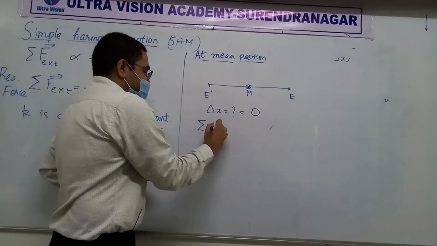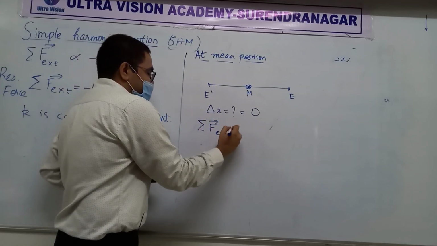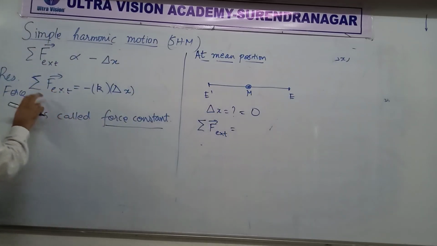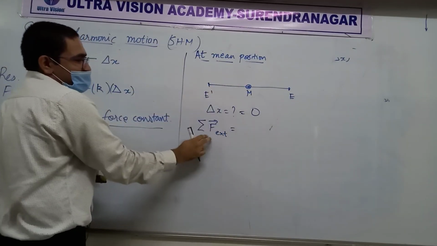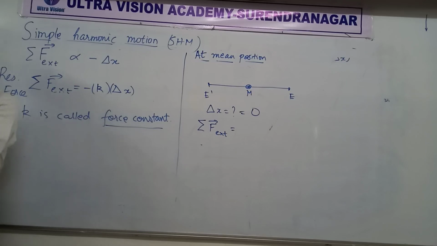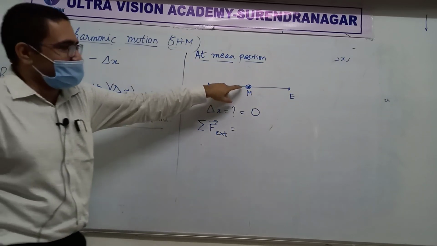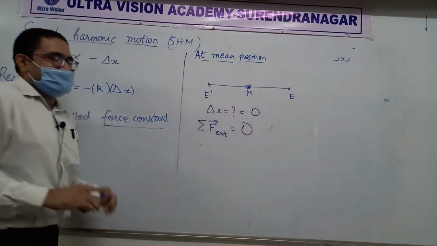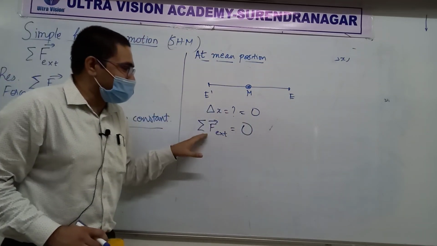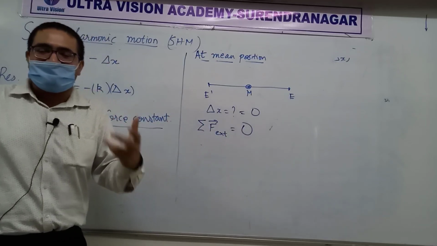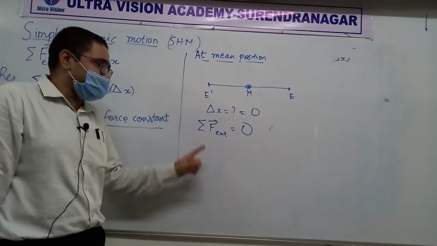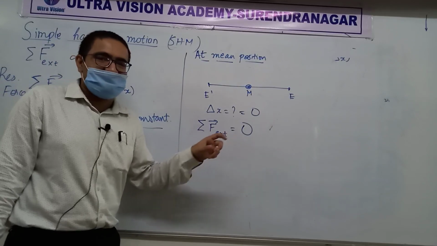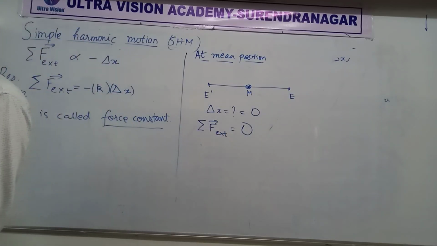So how much do you think is the net force, or how much is the restoring force in that situation when the particle is at mean position? Come on. How much is this total force when the particle is here? Okay, very good. 0. When on some object total force is 0, what do we call that condition?